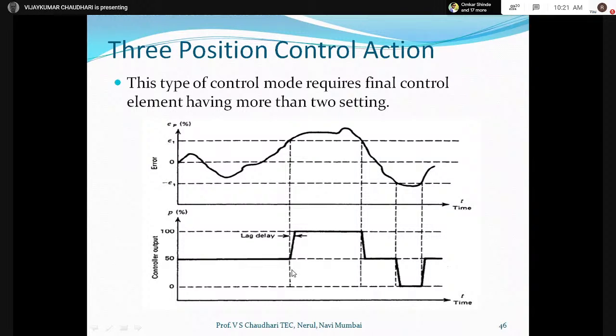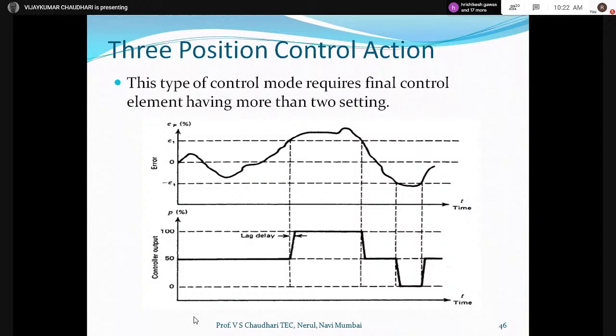What is the advantage? The advantage will be that the cycling will be reduced, oscillations will be reduced, okay? But simultaneously we must know that when we have three settings, 0%, 50%, and 100% setting for the controller, likewise, we must have the same settings for our final control element like valves or motors or so.